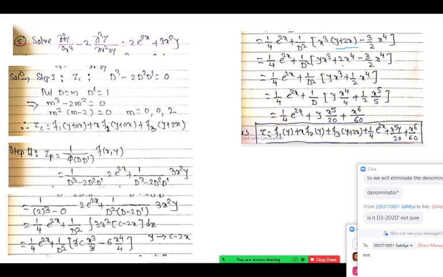Now we apply 1 upon D square one by one. 1 by D square means integration of this bracket with respect to x, treating y like a constant, and that 2 times, and you get the answer.